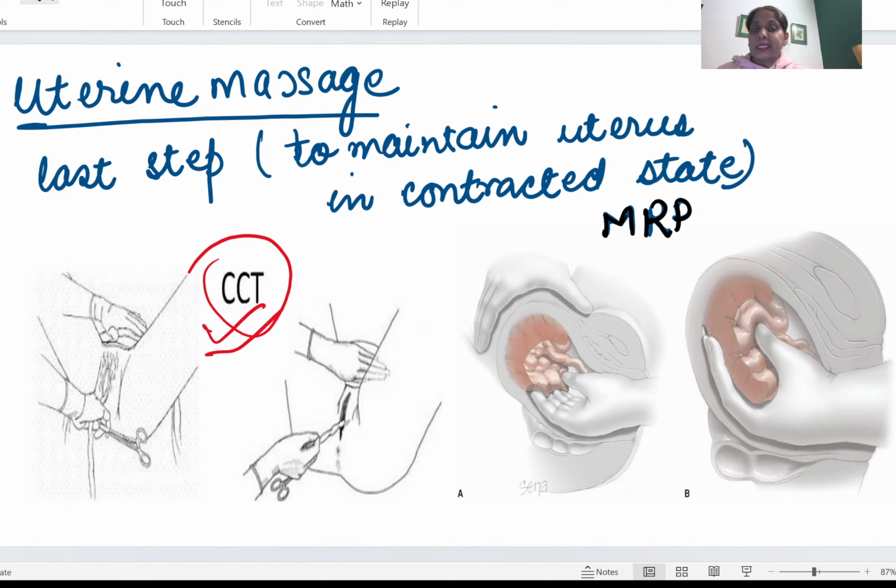To avoid that relaxation phase after the contraction phase, we do the uterine massage, and it has prevented a lot of PPH. So this is the last step, but it is not the least. Up to 15 to 20 minutes we keep on massaging the uterus, and this is how manual placenta removal is done.